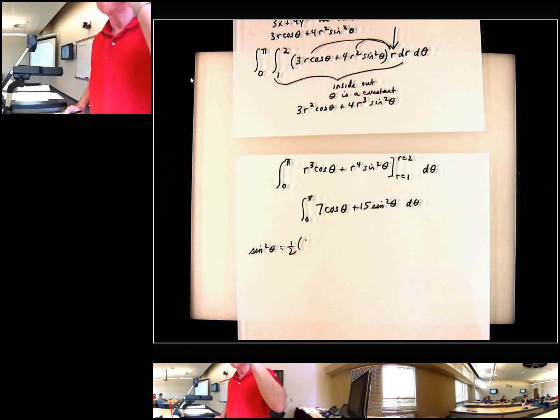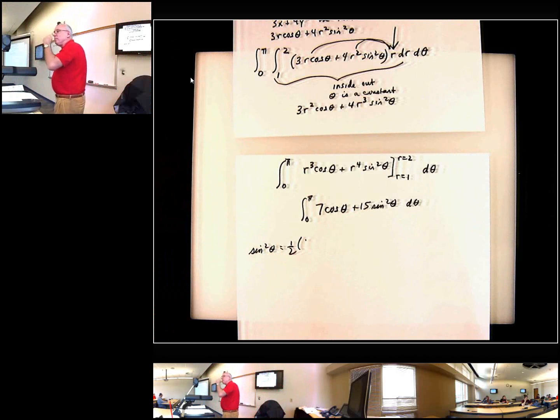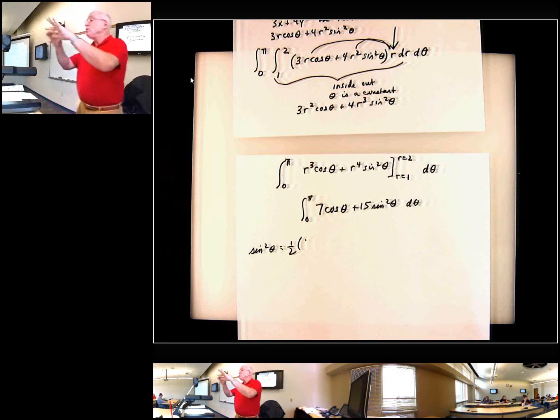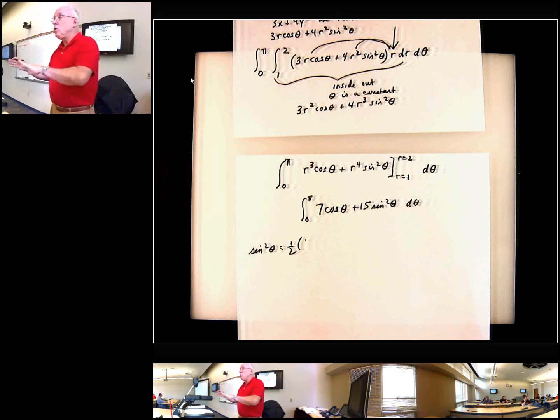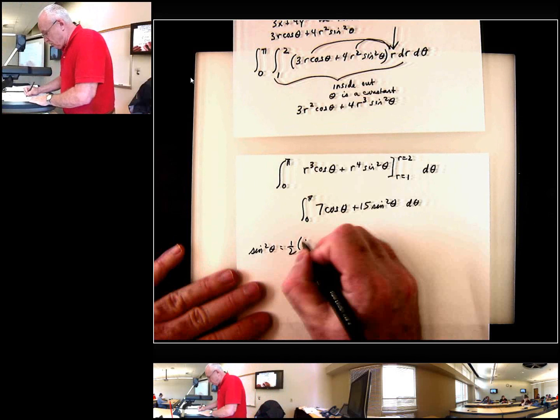It's a double angle thing. Okay, you said cosine 2 theta minus 1. It's actually 1 minus cosine of 2 theta, but you were close.